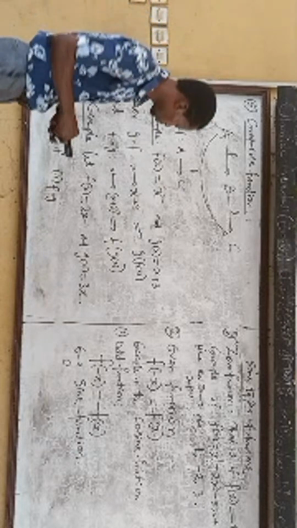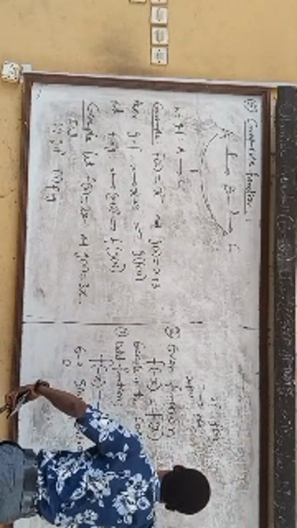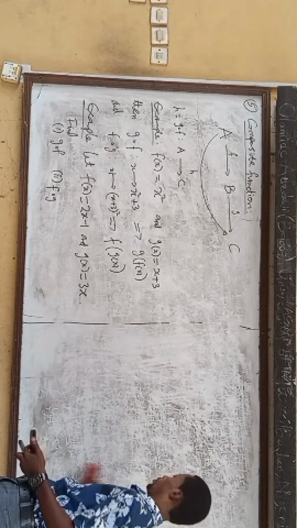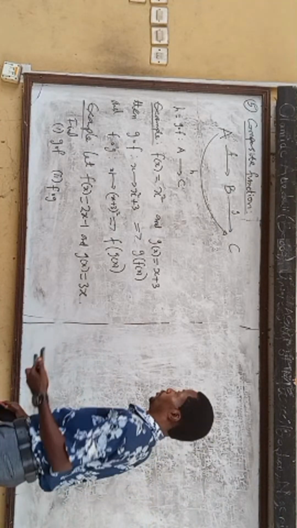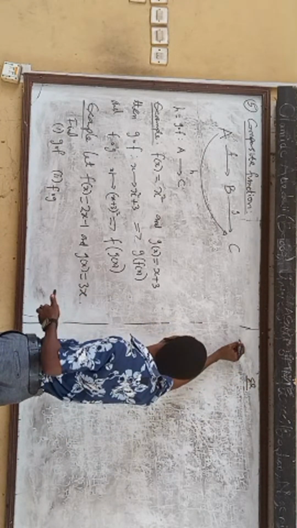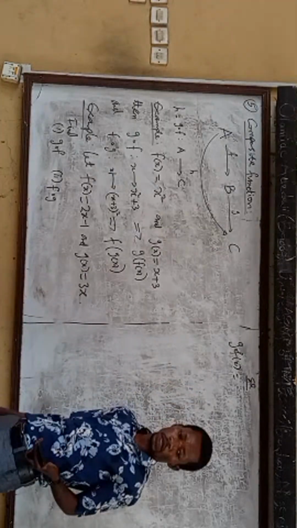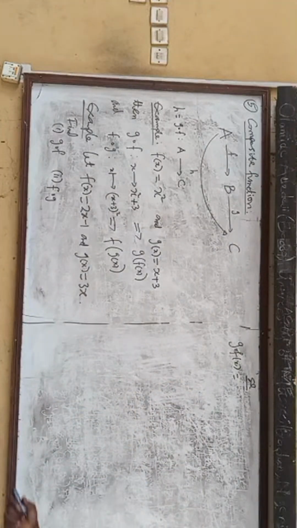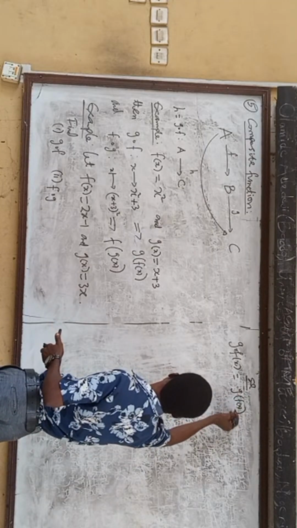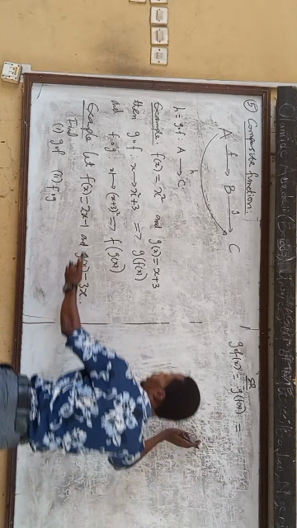So can you do that? What is the answer for number one? Because this is g of f of x, and what's our g again? 3x. So we are putting f of x inside g.